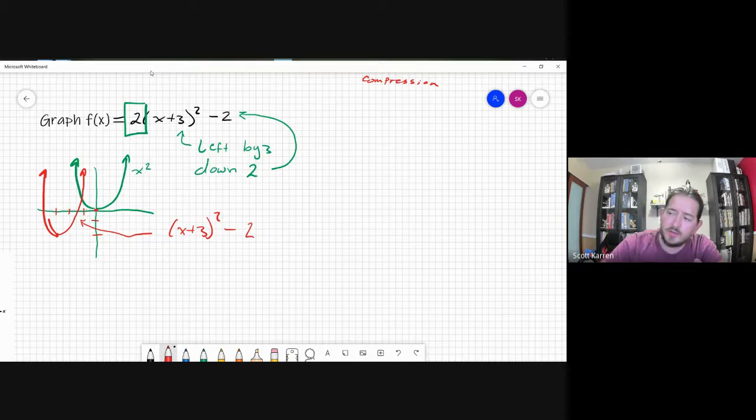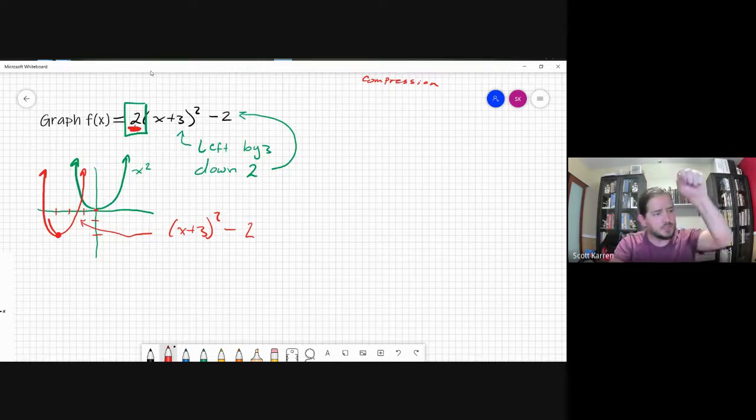That's taking into account the left shift and the down shift, but not that stretch of a factor of 2. But from where I'm at, we call this point right here the vertex. That is going to stick where it's at, and that vertical stretch is going to pull up from there.